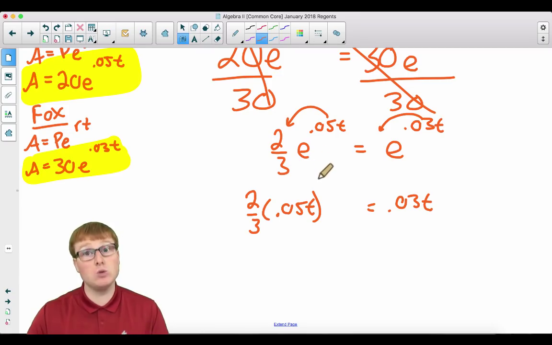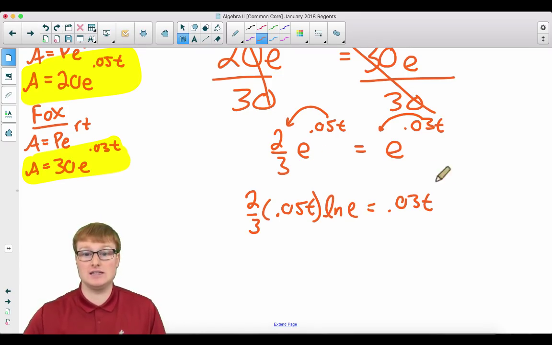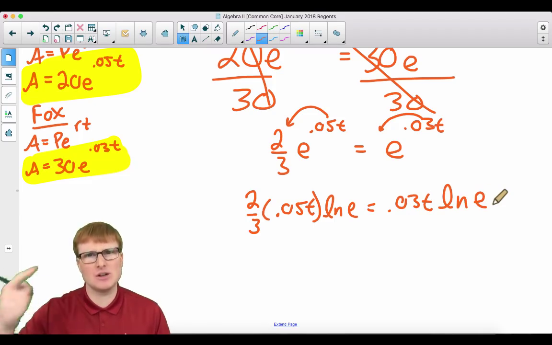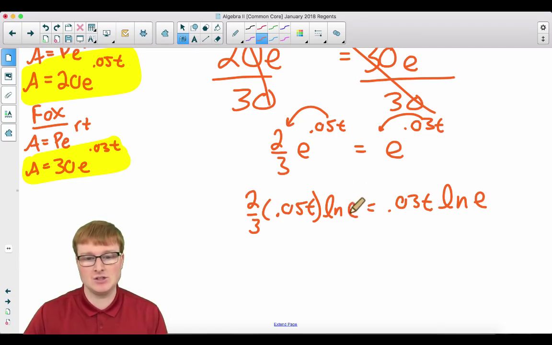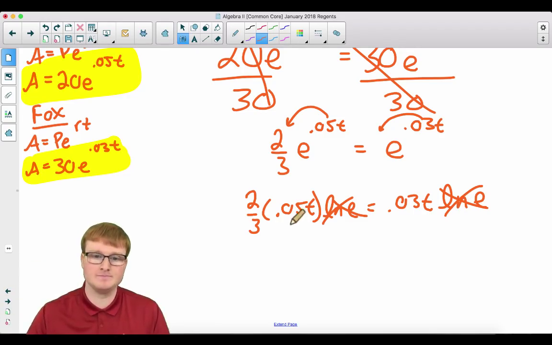In this case, I would use natural logarithm again because the natural log of e is the number 1. See this recurring pattern? The Regents likes to do this a lot. I think this is the 3rd time in the exam that they're using this property. So the natural log of e is 1. All right, great. Get rid of these. They're not technically gone. We're just multiplying by the number 1.